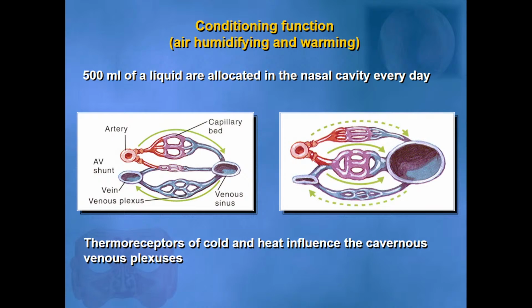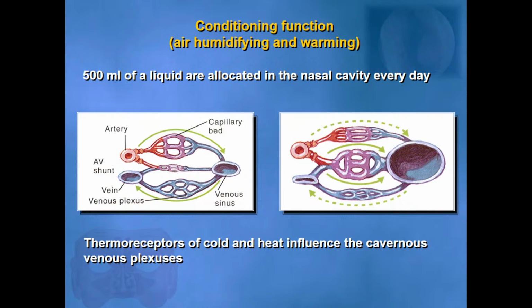And you remember from physiology that thermoreceptors of cold and heat influence the cavernous venous plexus that is localized in the inferior nasal conchas. When you breathe in, for example, cold air, this plexus is enlarged.